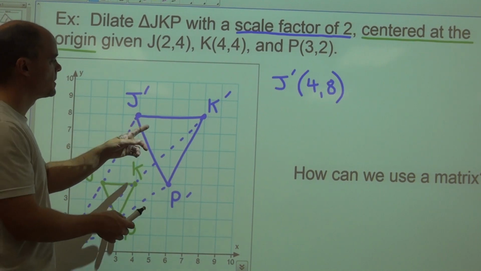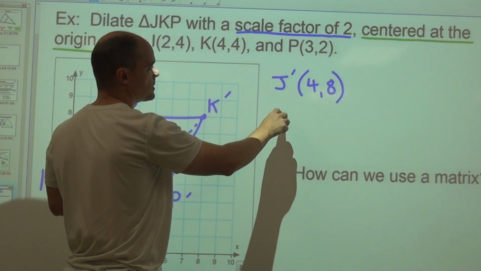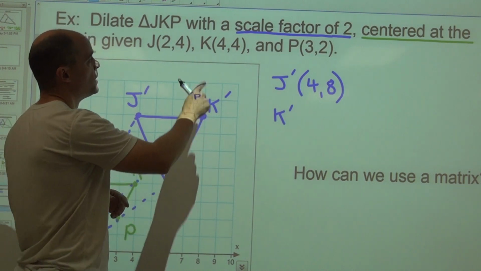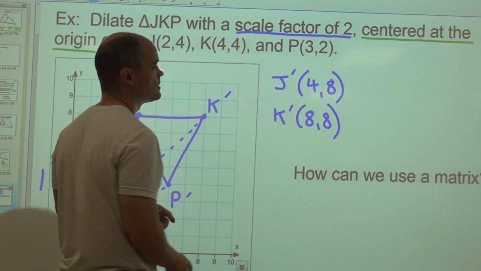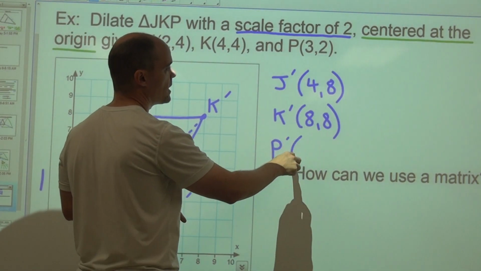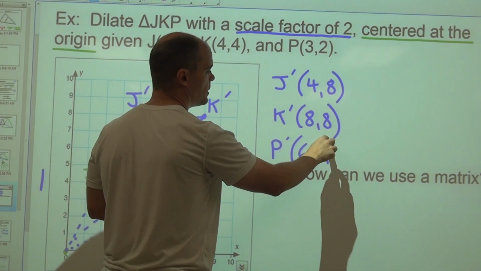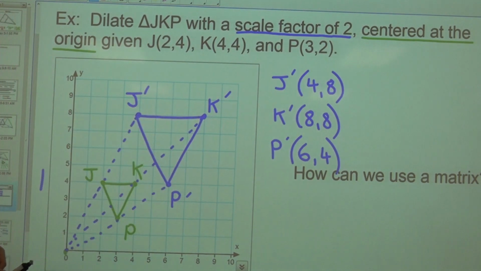So let's finish this. I'm not even going to look at the graph. Scale factor is 2, so K, is everybody K? K prime is going to be 8, 8, and then P prime, I'm not even going to look at the graph. Doubling that gives me 6, 4, and those match up perfectly.